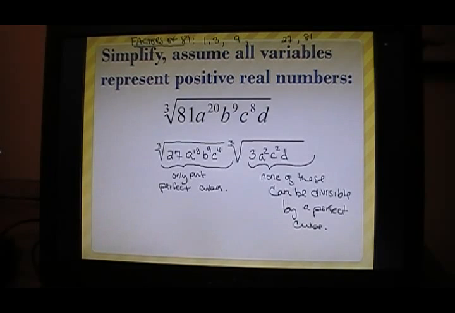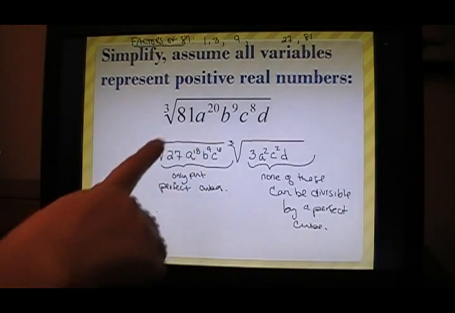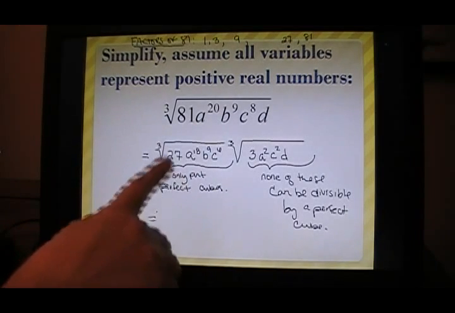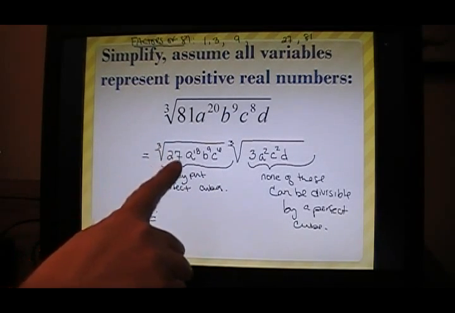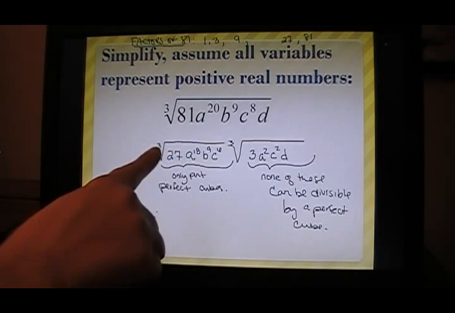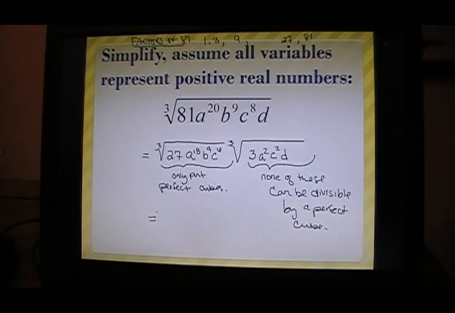Okay? And now that we have it broken apart like this, we are able to evaluate this cube root. What can I multiply 3 times to get 27? That is 3. 3 times to get a to the 18th is a to the 6th. So we've got 3a to the 6th.